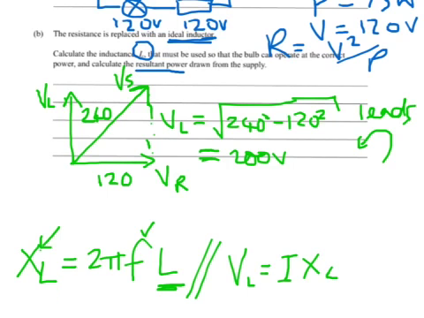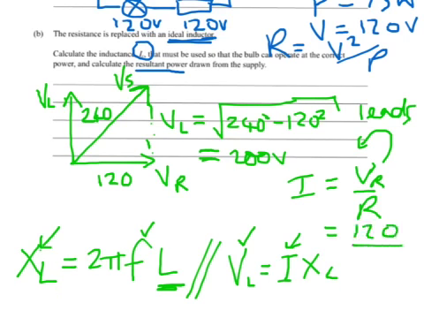So we don't know the current, but we can work out the current, and we do know the voltage. The current I equals V over R when we're dealing with the voltage of the resistor and the value of the resistance, because we just calculated that above. So the voltage across the resistor is 120 volts. The value of the resistance is 192 ohms.